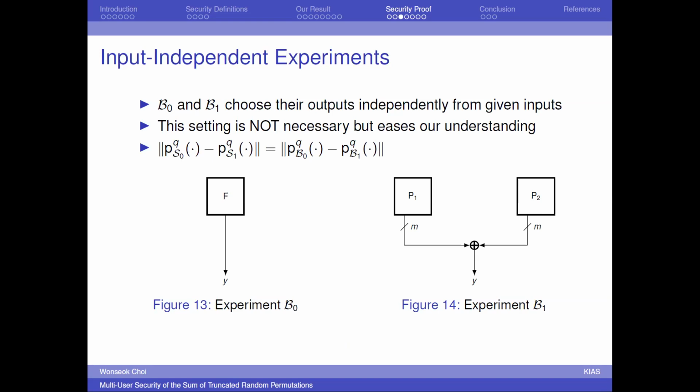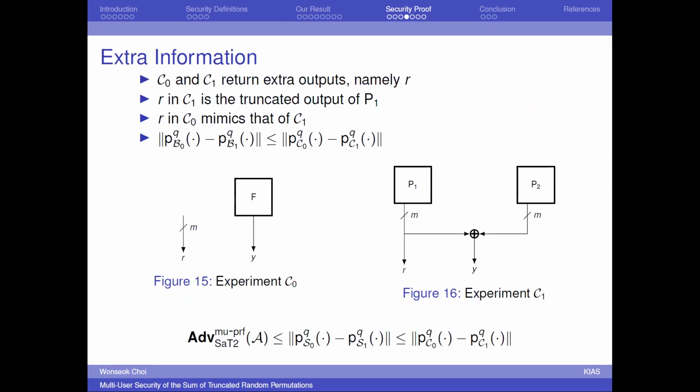To ease our understanding, we also define a new experiment which chooses its output independently from the given input. I want to note that this setting is not necessary, but is only to ease understanding. So the statistical distance will be the same. Finally, we give some extra outputs, namely R, during the game.